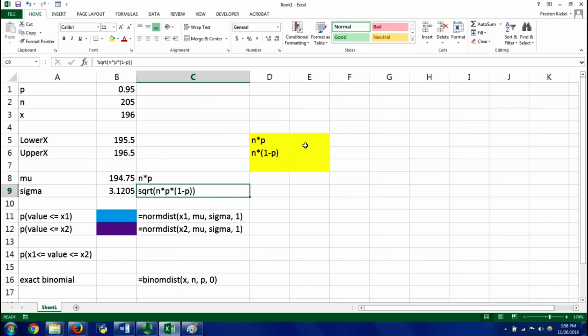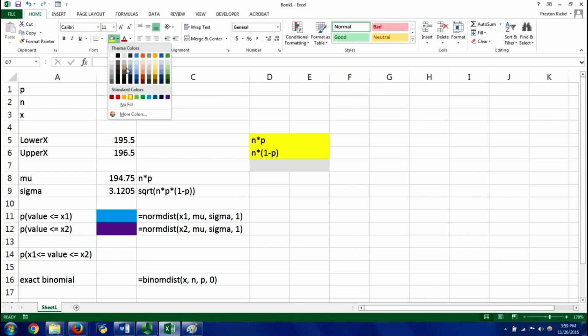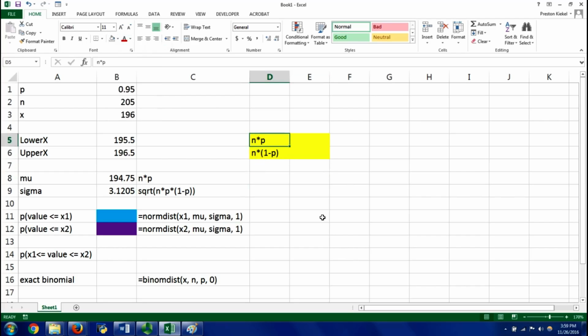Now, as I said, this is all valid if and only if np and nq are both, quote-unquote, large. The rule of thumb that I use for large is 5. Different books will use different rules of thumb. Sometimes you'll see 10, sometimes even 15. Now let's check the assumptions. We just did it for mu, so I know n times p is large, but I'm going to do it again anyway.